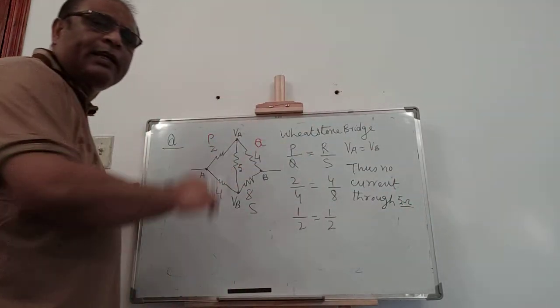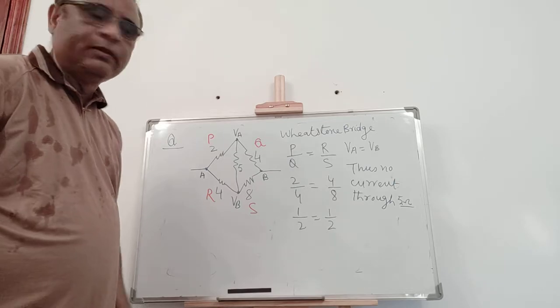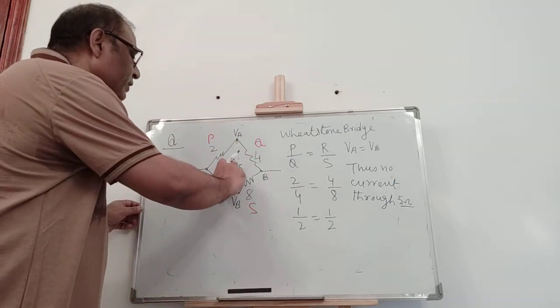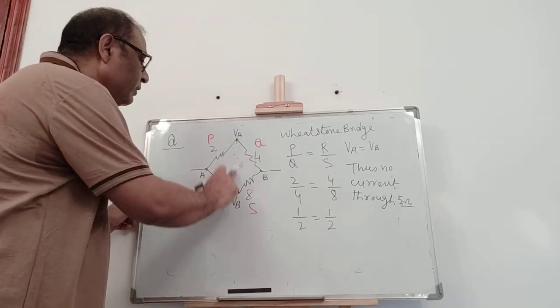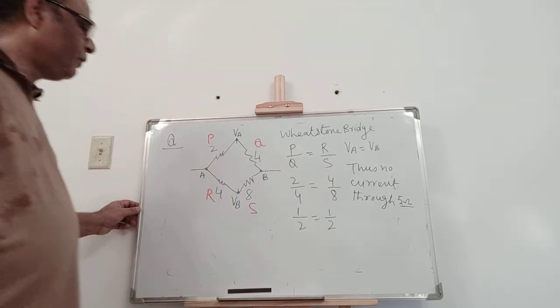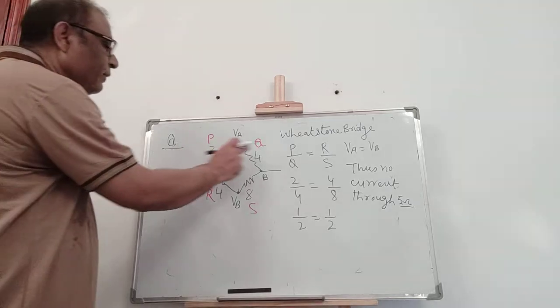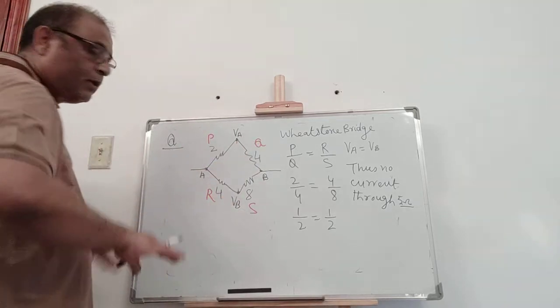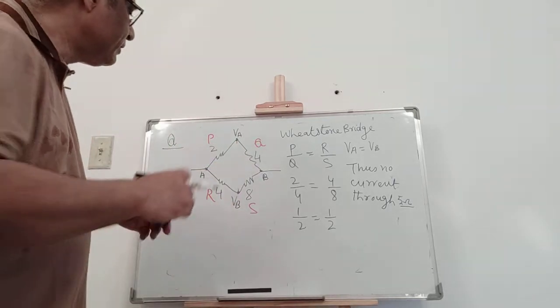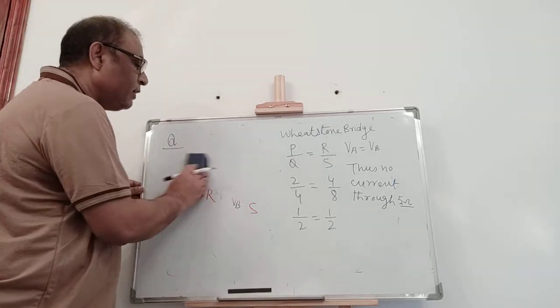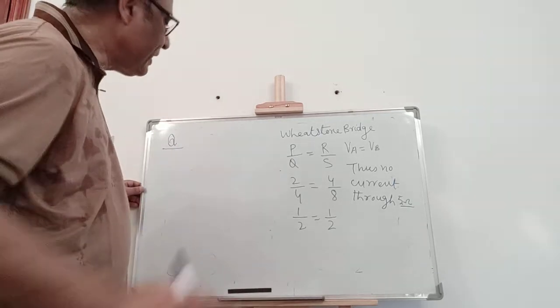And it is very clear, if no current, then no resistance. So it will be finished. No current, no resistance. Then we have 2 and 4 and 4 and 8. Now rearrange this figure like this. It becomes like this.